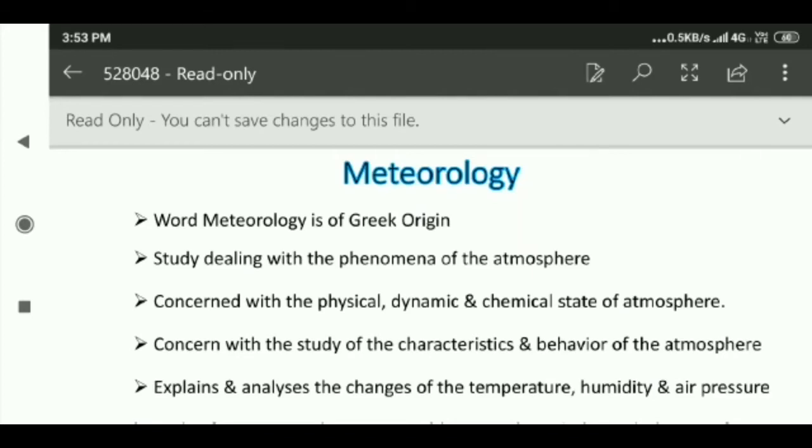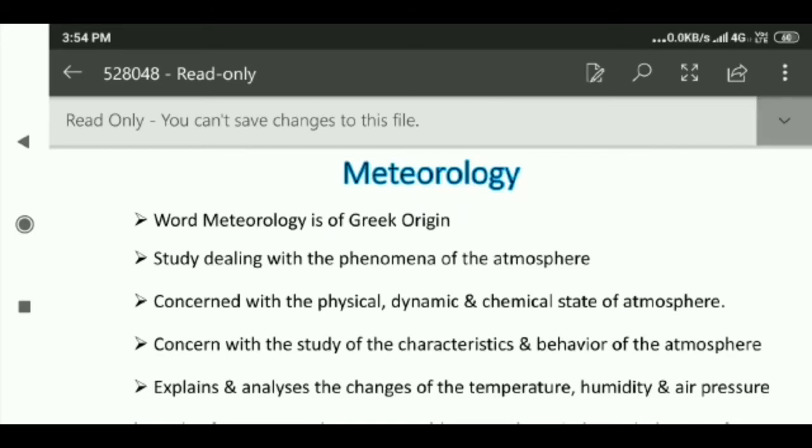Meteorology is a science that deals with atmospheric studies. It is concerned with the physical, dynamic and chemical state of the atmosphere. It is concerned with the study of the characteristics and behavior of the atmosphere.